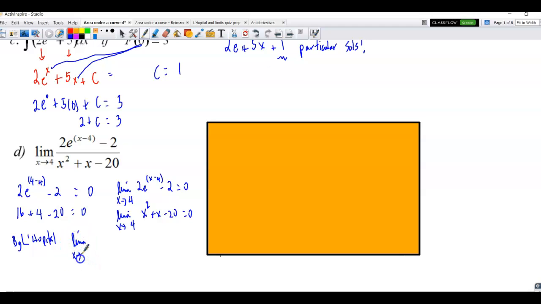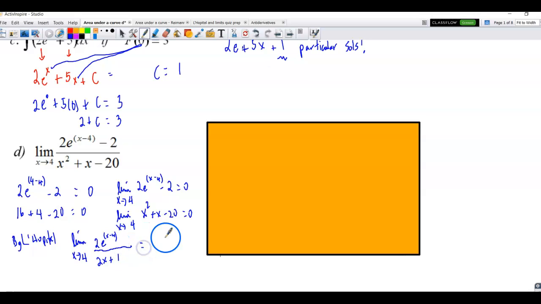The limit as x approaches 4 of e to a power times the derivative of the power, so that's going to be 2e to the x minus 4, and the derivative of 2 is 0. In the denominator, the derivative of x squared is 2x, and the derivative of x is 1.